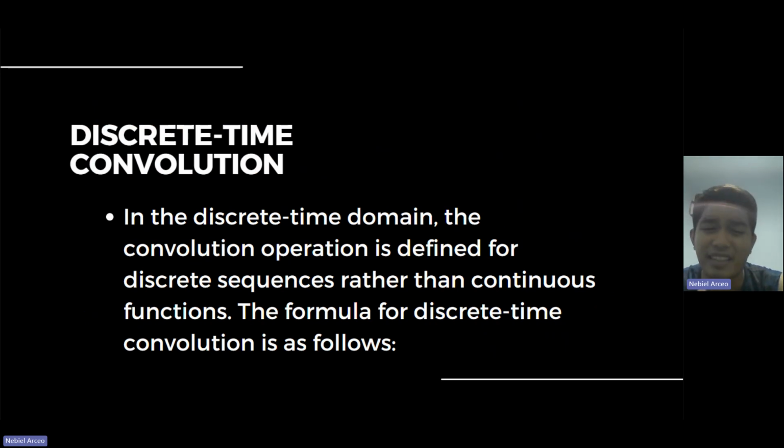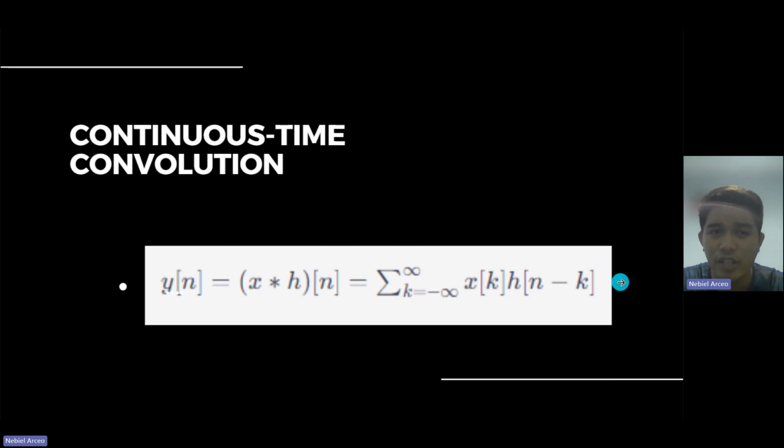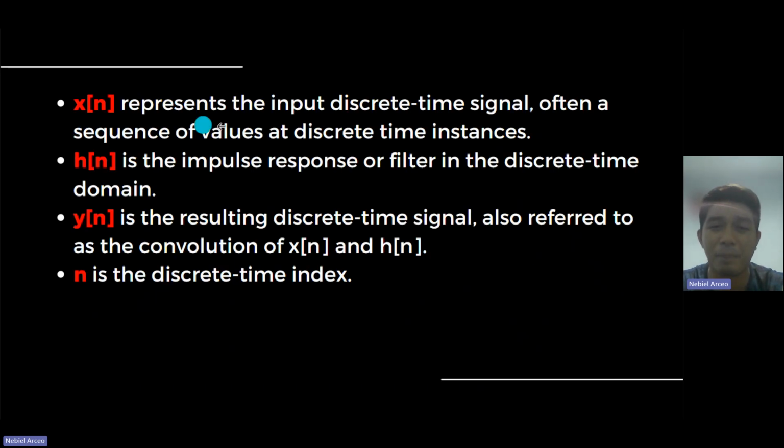In the discrete time domain, the convolution operation is defined for discrete sequences rather than continuous functions. The formula for discrete time convolution is as follows, wherein x of n represents the input discrete time signal.